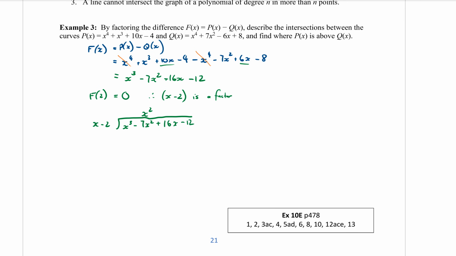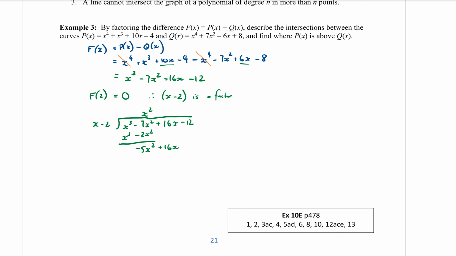Times that back out: x squared times x is x cubed, x squared times minus 2 is minus 2x squared. Then I need to subtract. The first ones cancel. Minus 7 plus 2 makes minus 5x squared, and bring the 16x down.